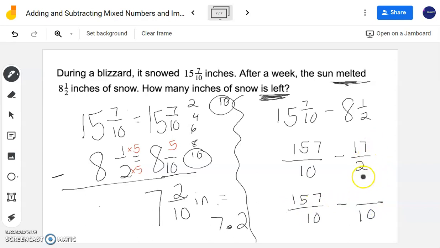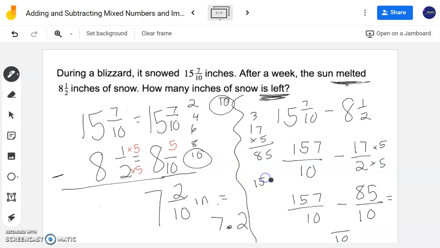We want to change 2 times 5, give me 10. So 17 times 5, let's write that on the side if you need, is 85. Now notice here, by solving as an improper fraction, you're still doing the right process, just your numbers are a lot larger.